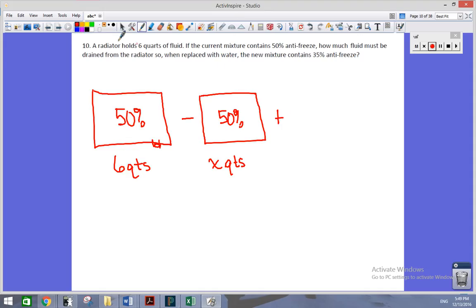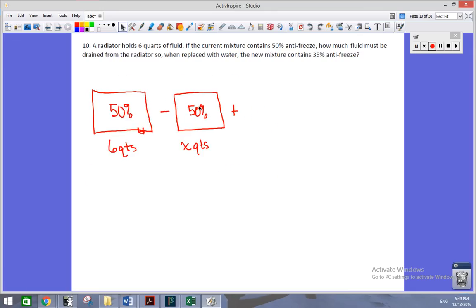But we're going to fill it back up to the rim. We're going to fill it back up to a total of 6 quarts by replacing the liquid that we drained with water. Now water doesn't have any antifreeze in it. So water, the measure of antifreeze is 0%. If we drained out X quarts, we want to replace the X quarts with X quarts of water.